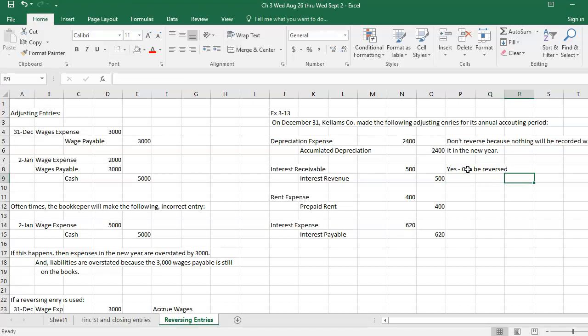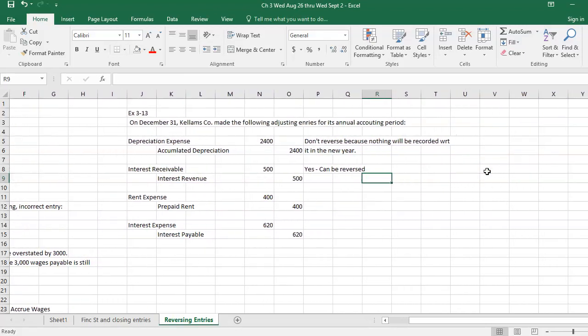And its reversing entry would simply be interest revenue debited and interest receivable credited for the 500. All right, rent expense and prepaid rent. Okay, this one kind of depends, and it depends on if this finished this off.